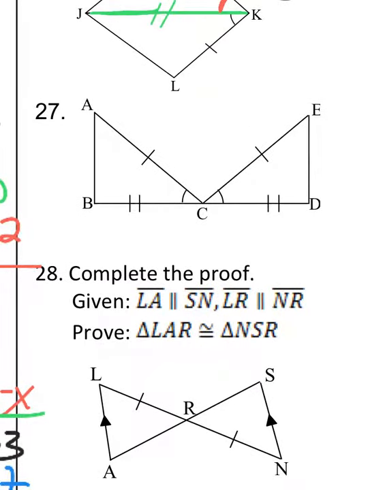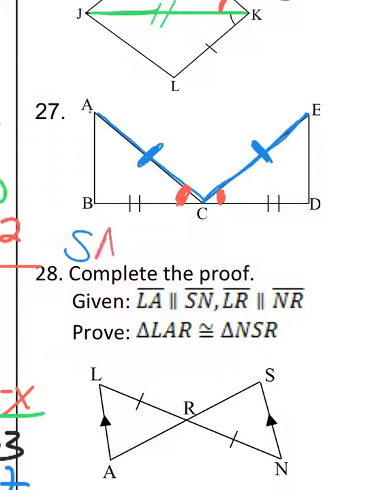Number 27. You can see here that we have side AC, which is congruent to side EC. That's one side. So we have a side. Next, we have angle ACB and angle ECD.